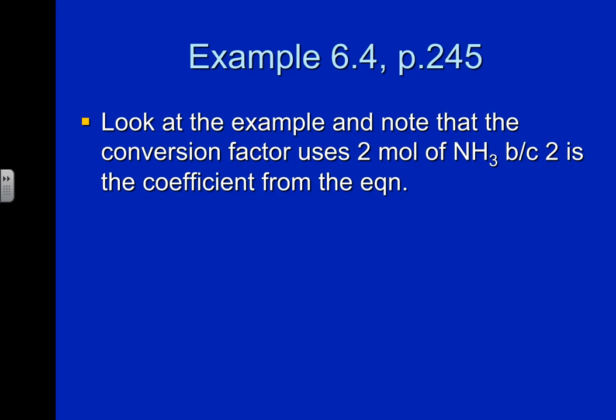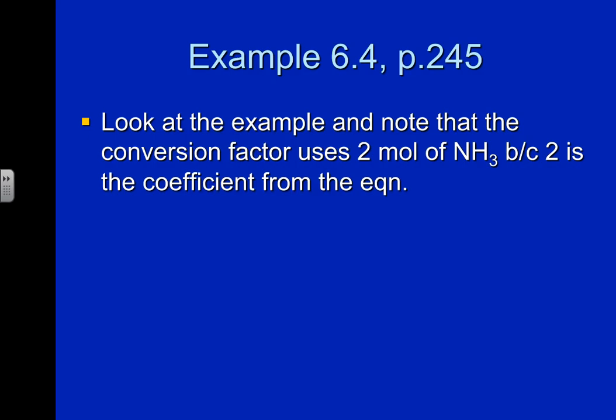So if you go down where it says problem strategy and then under solution, you'll see that they started off with the 907 kilograms, which they then converted to grams pretty much right off the bat. They used their molar mass, excuse me, to get into moles. And then notice the conversion factor, the negative 91.8 over 2 moles of the ammonia.